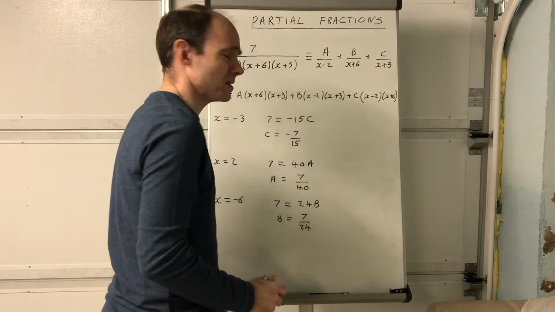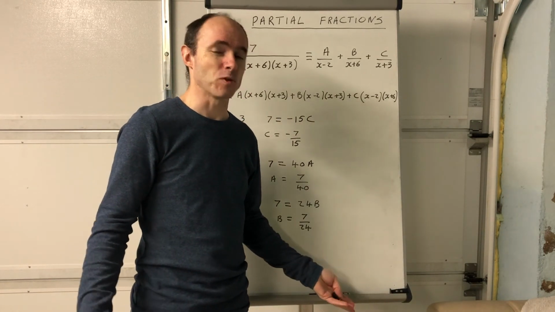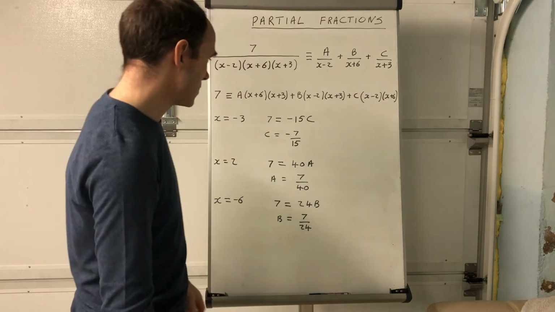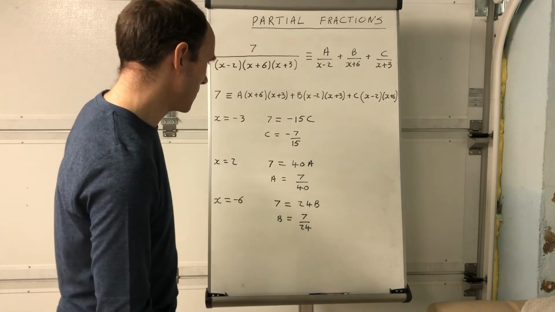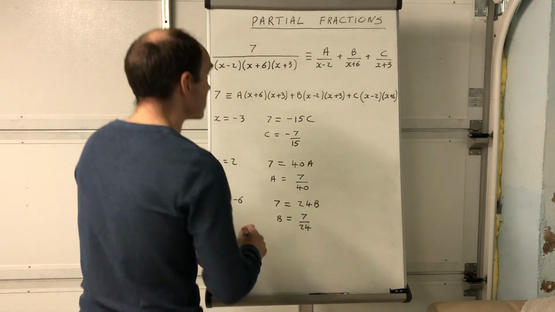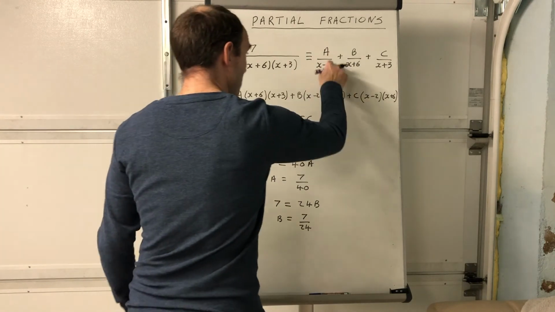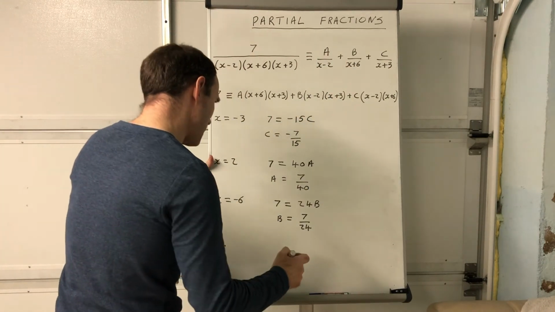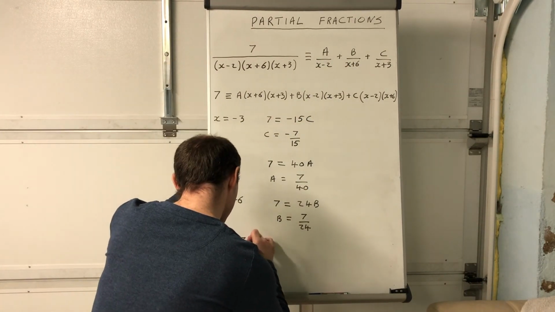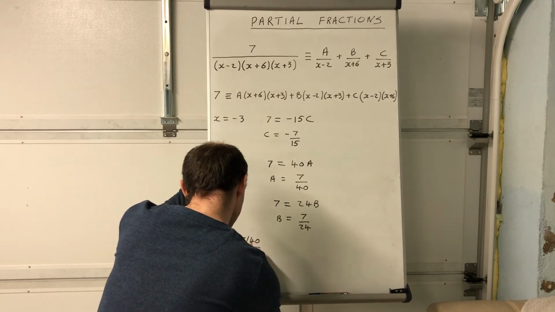Okay, so it hasn't been any more difficult, has it, really? It's not been any more difficult than the previous example I went through. It's just that the answers we've got are a little bit awkward, that's all. Now, in terms of writing down the final answer, here's what you can do quite simply. A over x minus 2, you can write it like this, 7 over 40 over x minus 2.